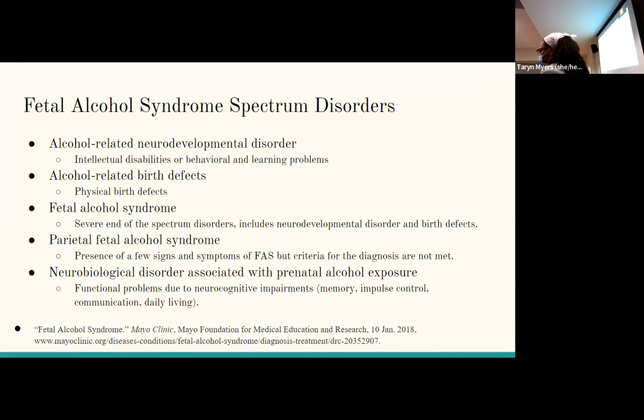Children with social disorders and birth defects. Biological disorder versus fetal alcohol, functional problems with cognitive impairment.